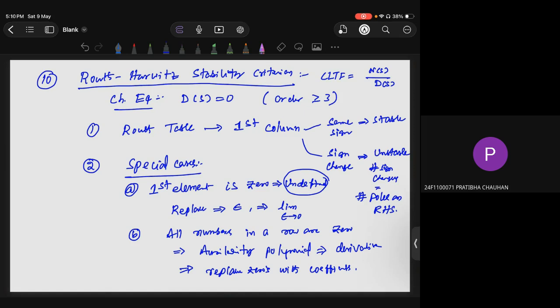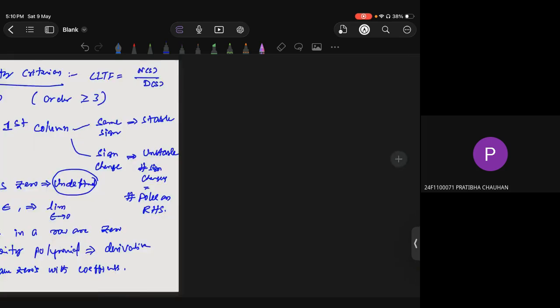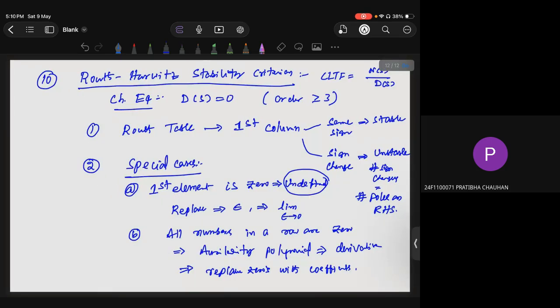The Routh-Hurwitz criteria. We could use this Routh-Hurwitz criteria in block diagrams. Let's say we have a controller K1, the plant V1, and feedback V2, with plus and minus at the summing point, R and Y. You can find Y by R where K1 is the parameter inside.